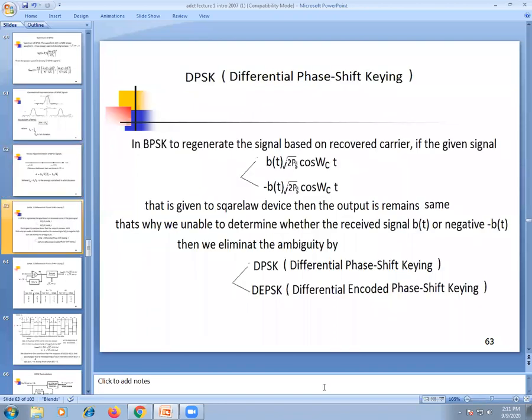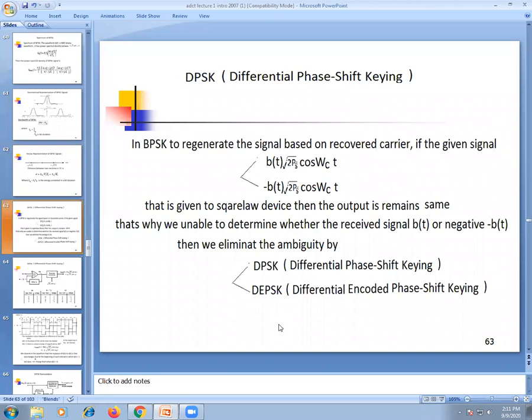Observe that the input signal is V of t root 2 Ps cos omega naught t plus theta.